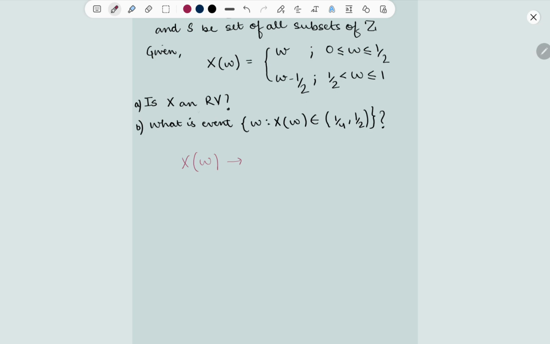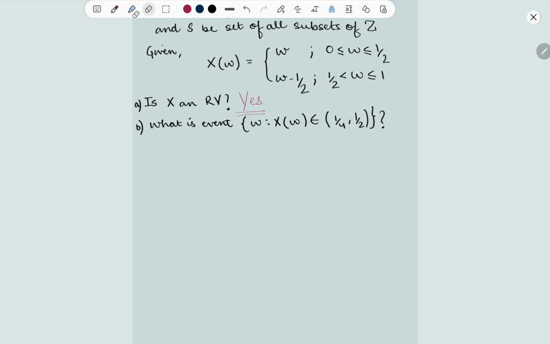So is x a random variable, and are we getting a real value under every circumstance for x(omega)? Yes, we are. So this is a random variable.